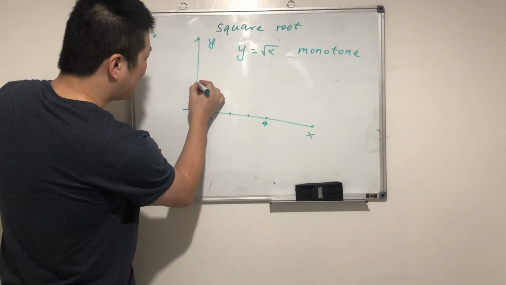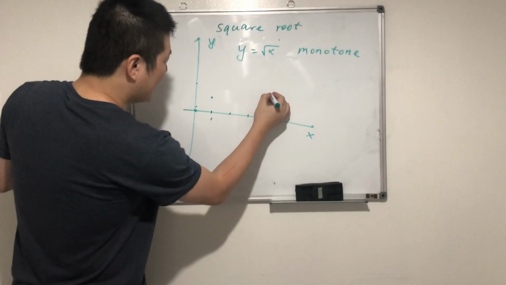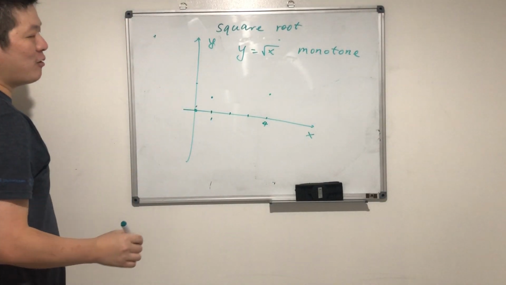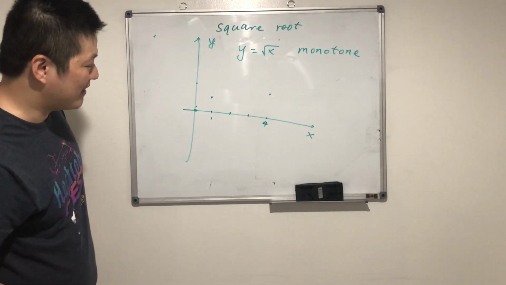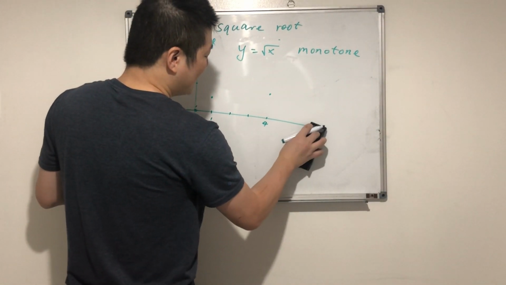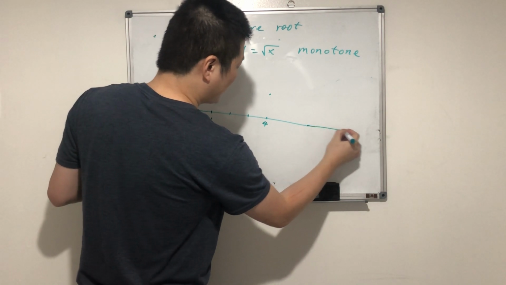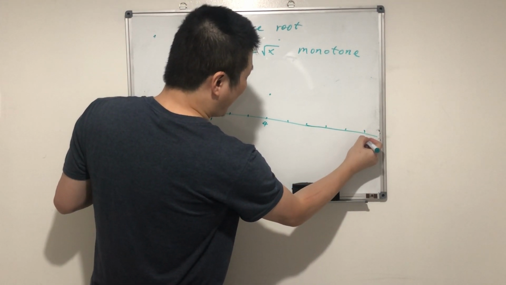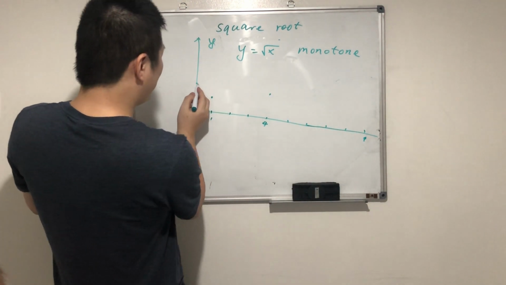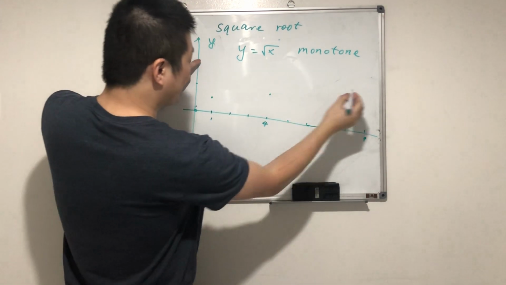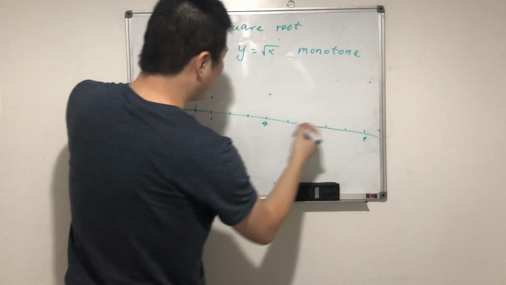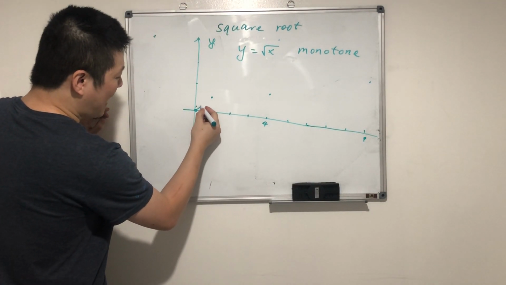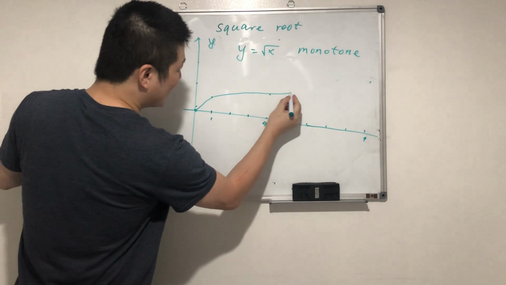When x is 9, it's 3. So at 9, it's 3, which is approximately here. So if you plot this line, it will be something like that, okay?